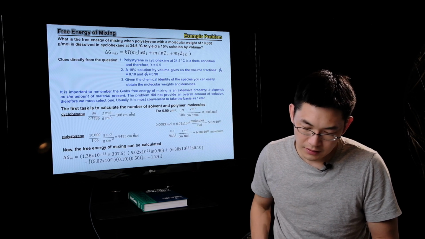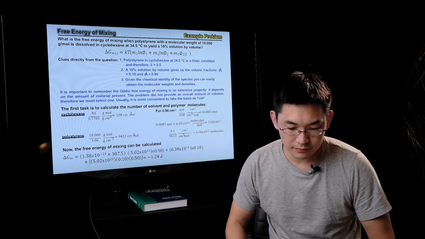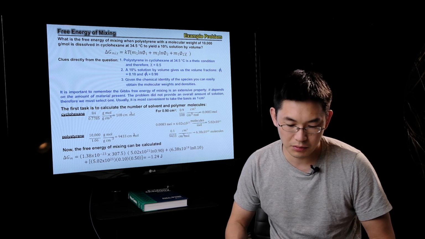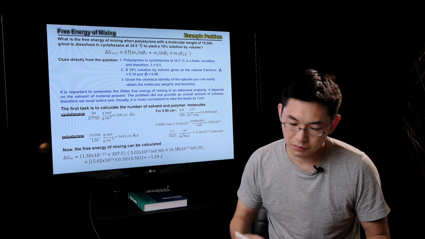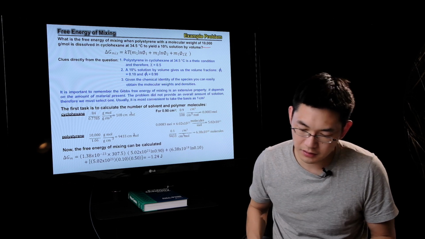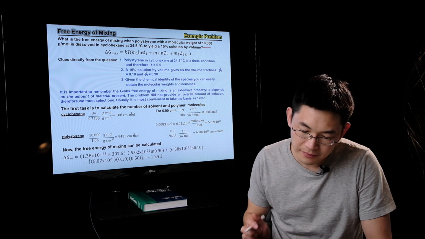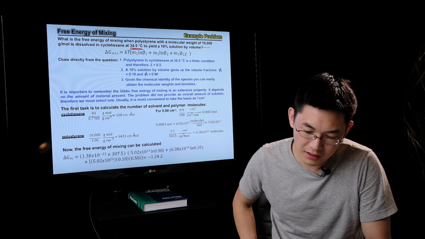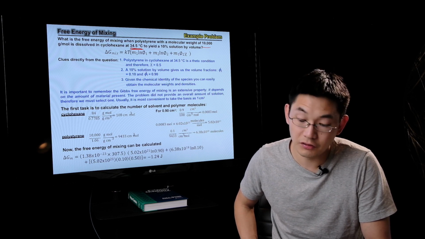Okay. I'll give everybody an example of how mixing works. This is a homework example where we have polystyrene with a molecular weight of about 10,000 grams per mole dissolved in cyclohexane at 34.5 degrees and at a given volume fraction.